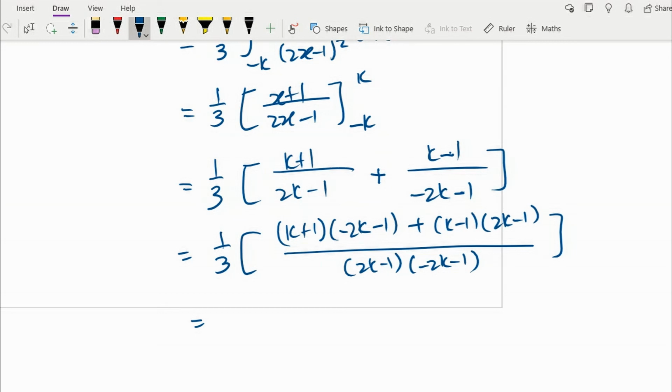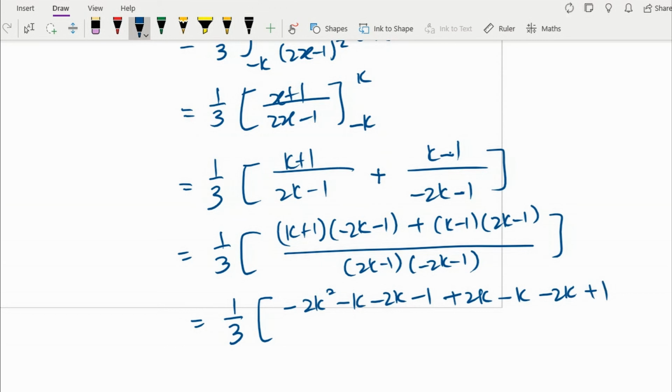Never mind. 1/3, negative 2k squared, then minus k minus 2k minus 1 plus 2k minus k minus 2k plus 1, over (2k minus 1)(negative 2k minus 1).